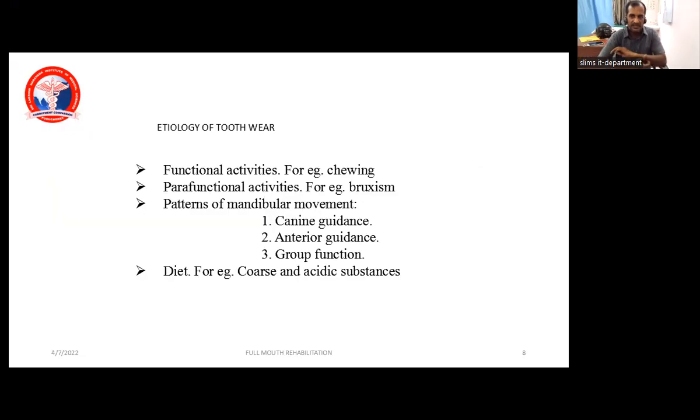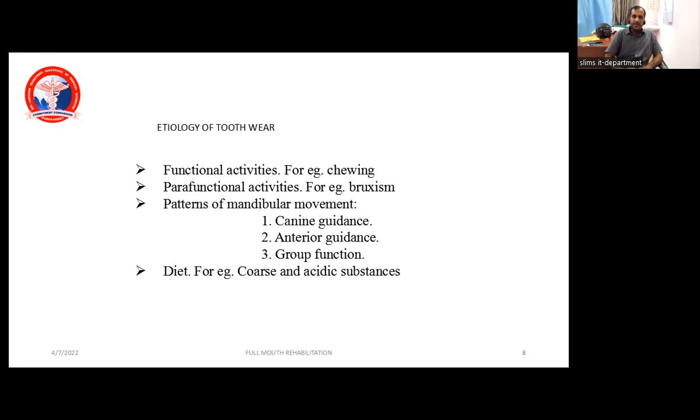Now, what are the causes, what is the etiology of tooth wear? Mainly, if it is gradual chewing, age-related, it can be a functional activity. And if any abnormal habit is there, that is any parafunctional activity like bruxism, night grinding, lip biting, teeth clenching, these parafunctional activities can lead to tooth wear.